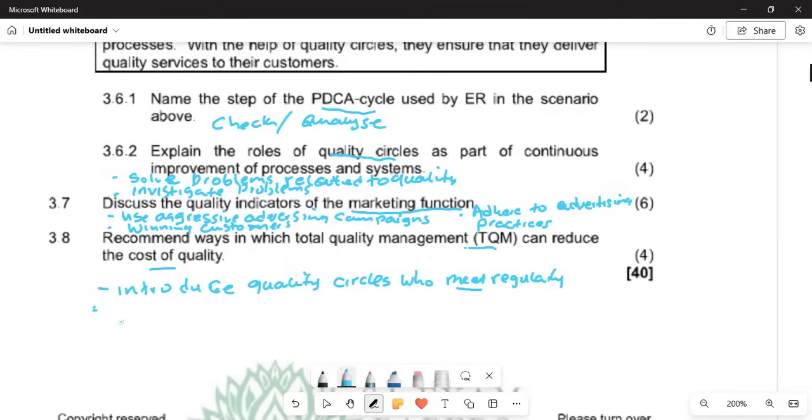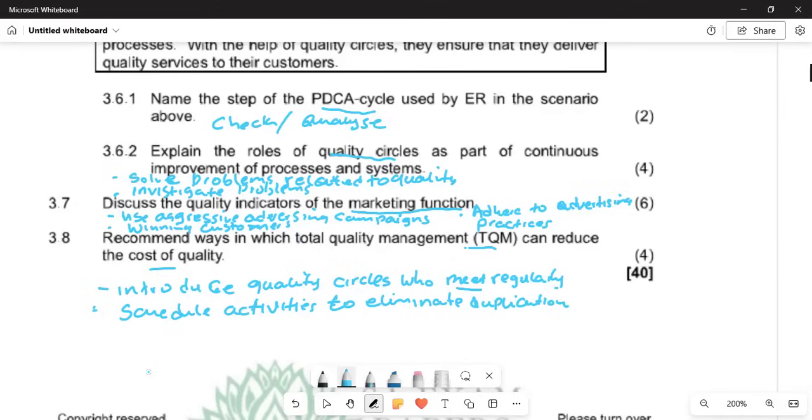Also, schedule activities to eliminate duplication.